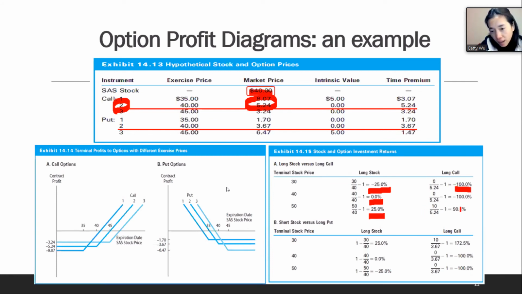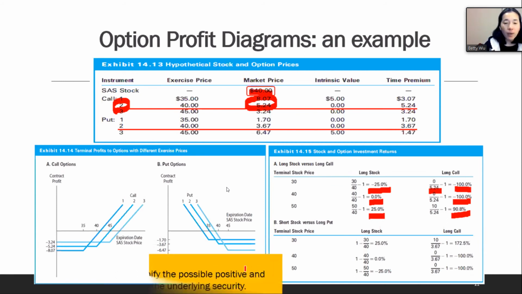You see that by holding options, you magnify the potential returns. When the price drops, no matter what, you lose everything, the price you paid for this option, so it's minus 100%. In a good scenario, with the same price appreciation, by holding the call you have a 90.8% return compared to just going long the stock.